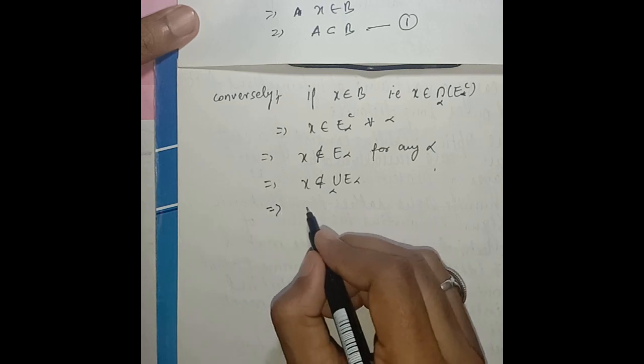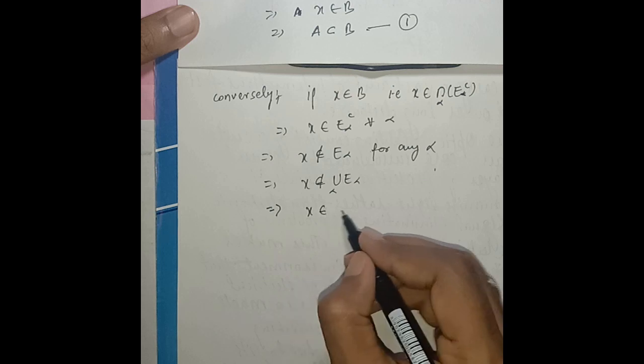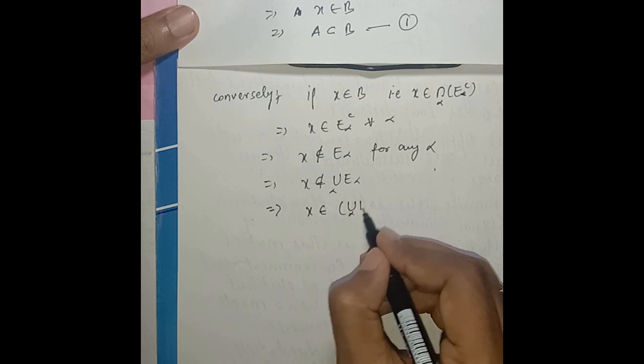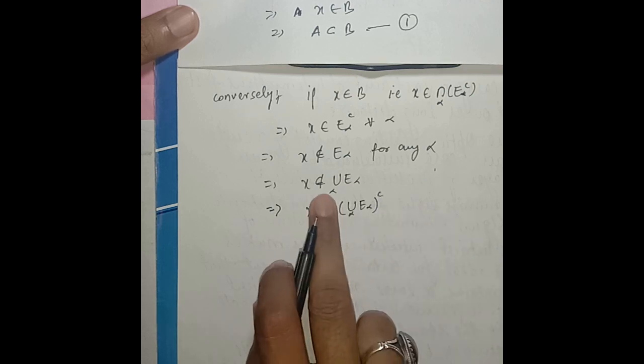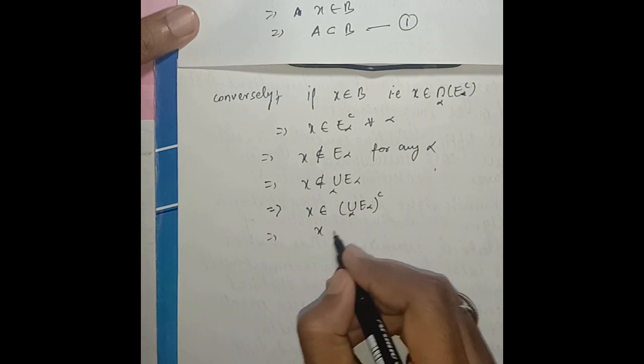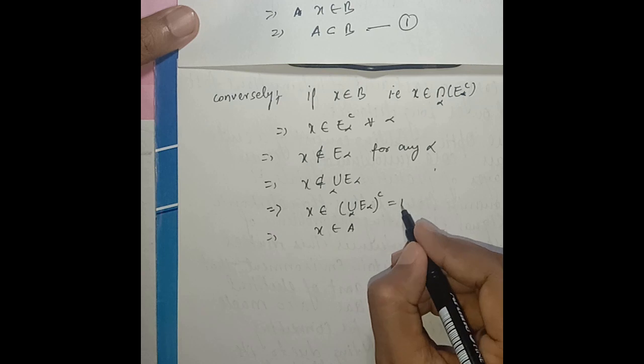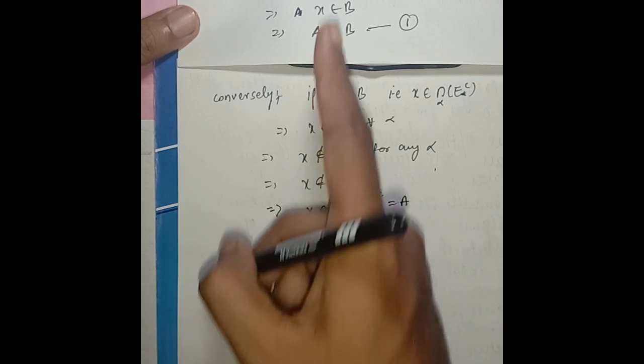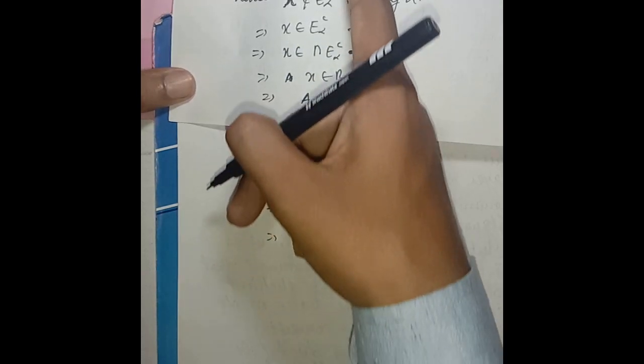This implies x is contained in the complement of this union. This implies x is in A, according to our assumption.